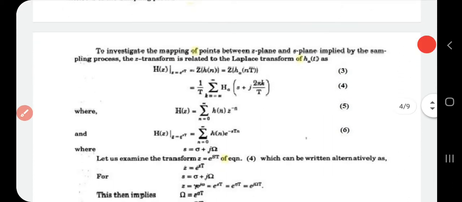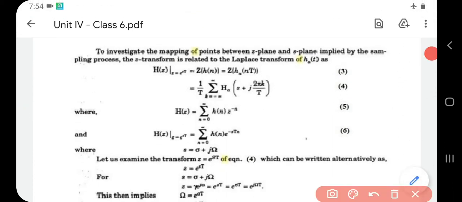Some steps are skipped here, and this reduces to a particular expression where H(z) is given by this, and H(z) at z equal to e raised to sT is given by this expression.